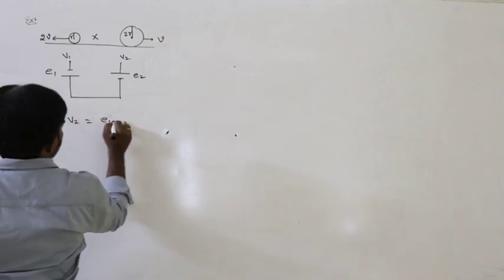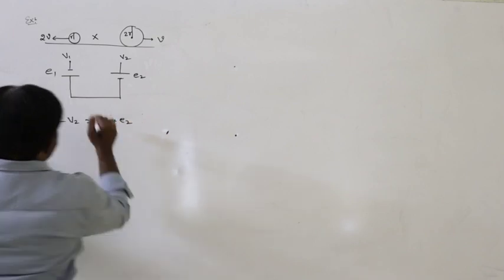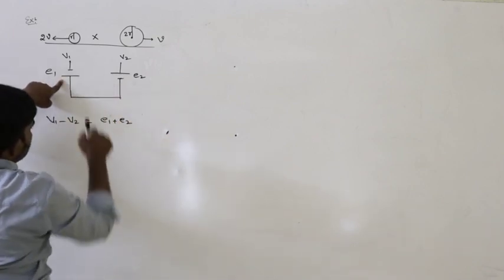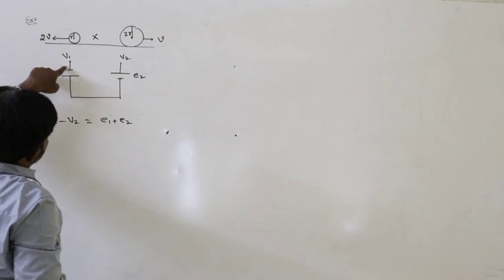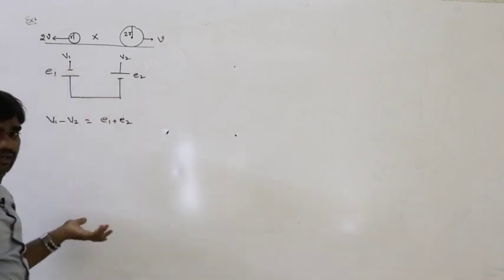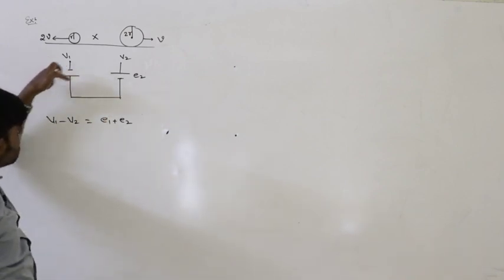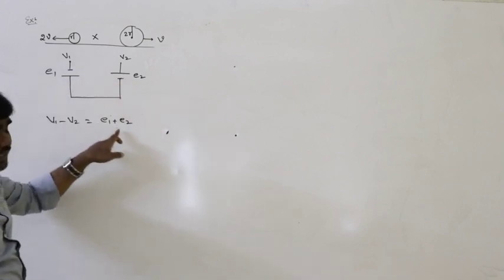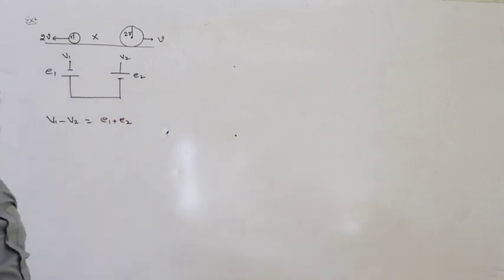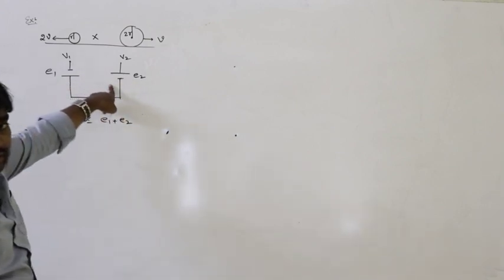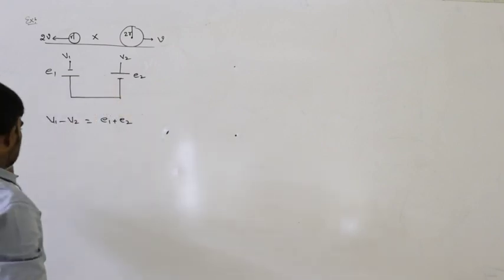It can be written as E1 plus E2, because one is negative-positive and the other is positive-negative. So the net EMF is the sum of these two, because opposite terminals are connected.